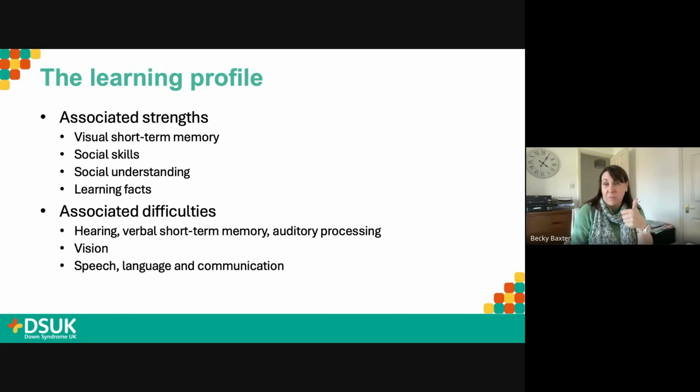Vision is another particular challenge for individuals with Down syndrome, and then speech, language and communication are more delayed than we might expect. It's an uneven profile.